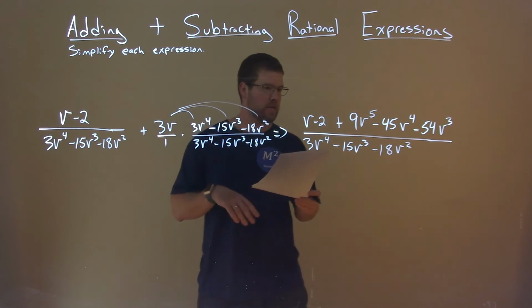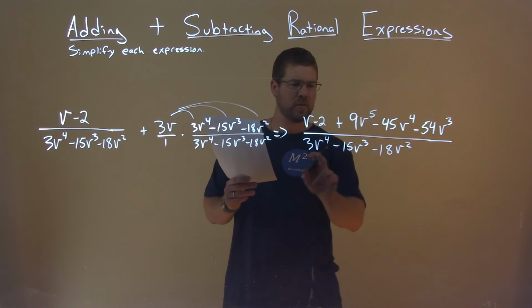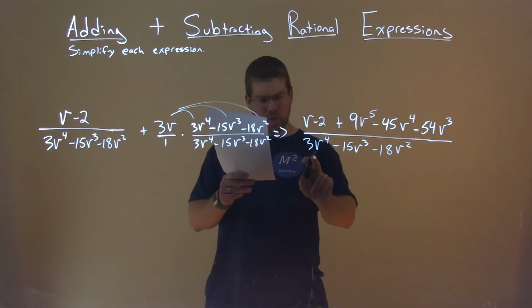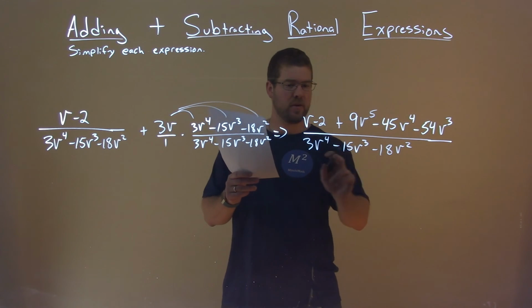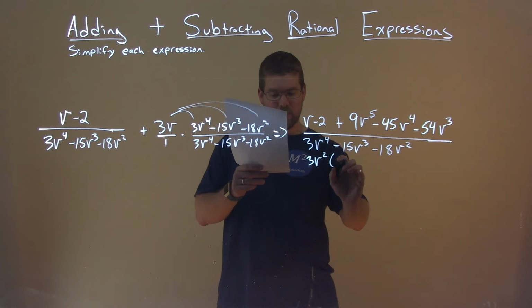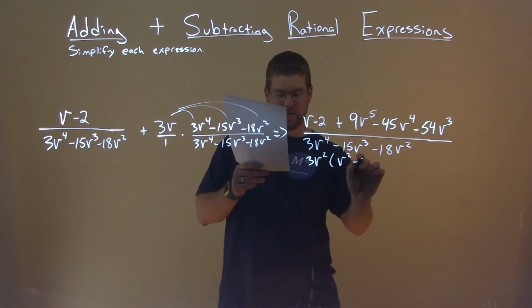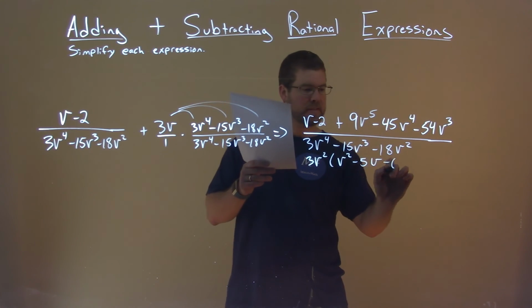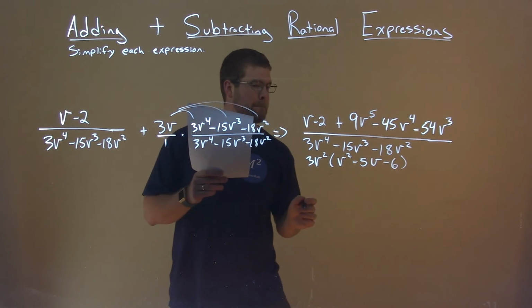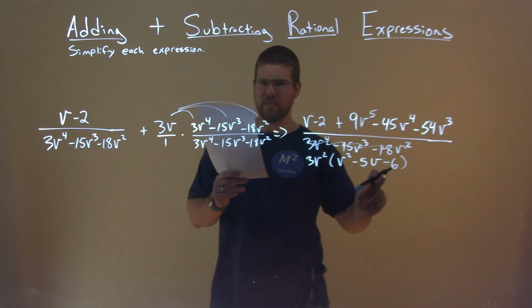We want to combine our like terms in the numerator, and the denominator, I actually can simplify this a little, so let's go do that first. I can pull out a 3v squared, I can see that's in all parts. So I pull out a 3v squared, I'm left with, well, a 3v squared times v squared minus 5v minus 6. Okay, so let's replace that down here. But then this part also looks like it can factor.